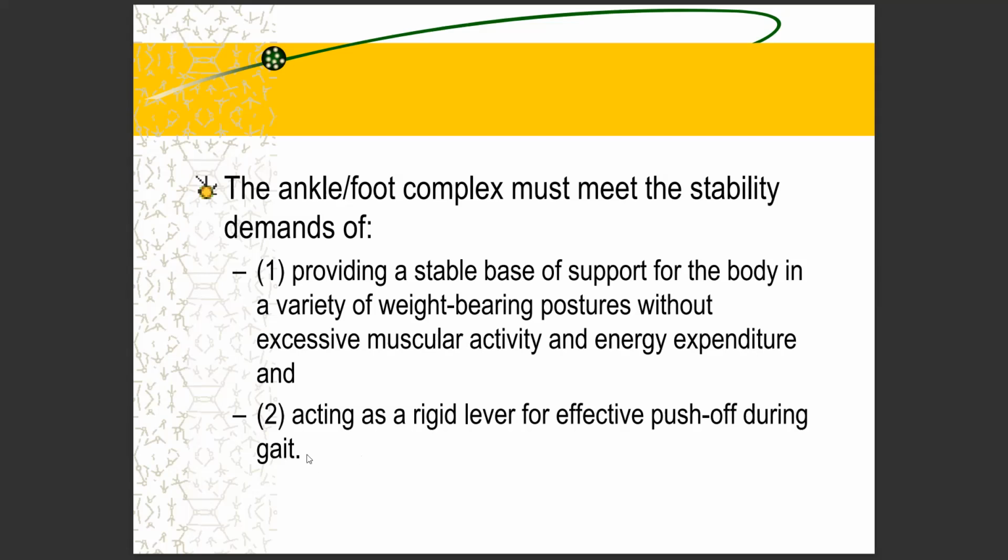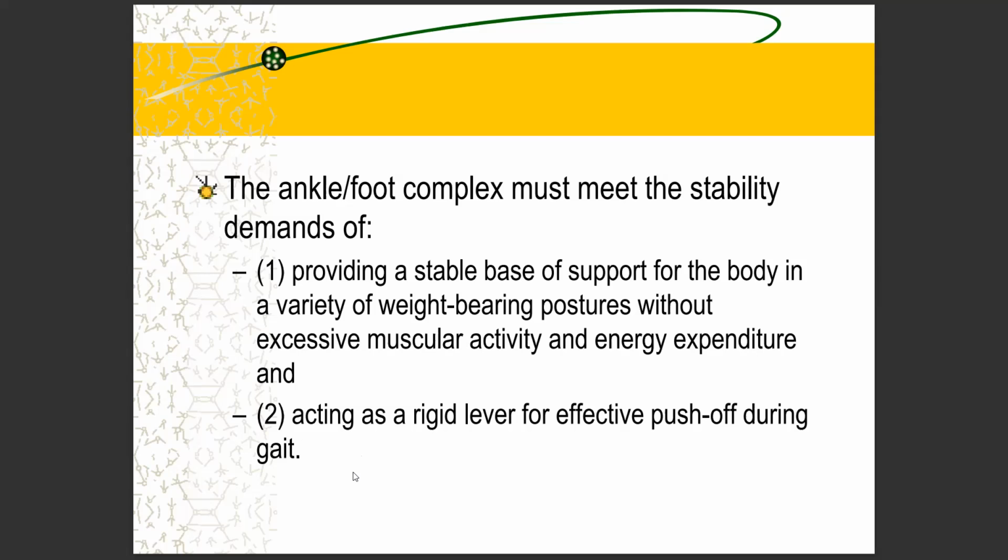Gait means simple walking. The scientific term for walking is gait. Gait is made up of two phases: the stance phase and the swing phase. The stance phase is divided into 5 more phases according to the traditional classification. The first one is the heel strike. Then the flat foot.